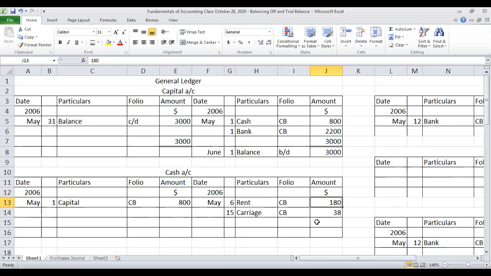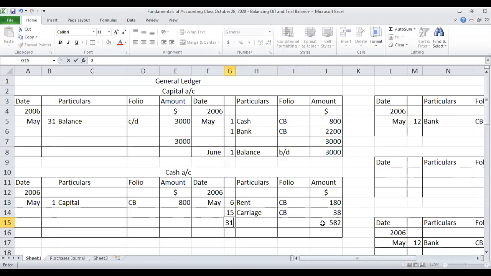You're going to subtract the 218 from the 800. So 800 minus 218 will give you 582. Obviously the debit side is bigger than the credit side, and your balance is 582.